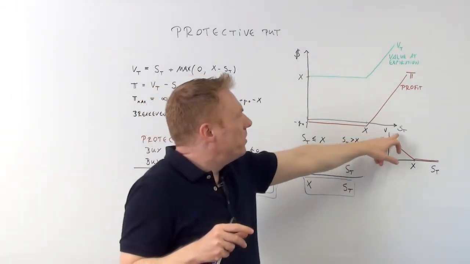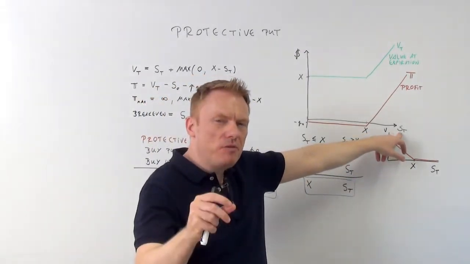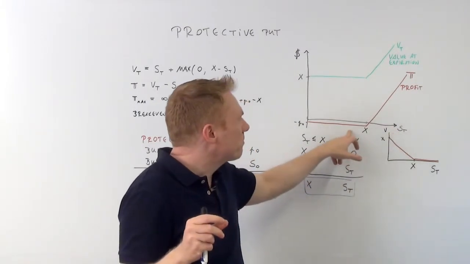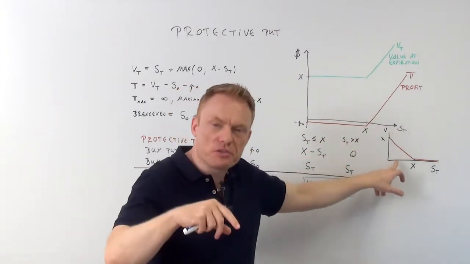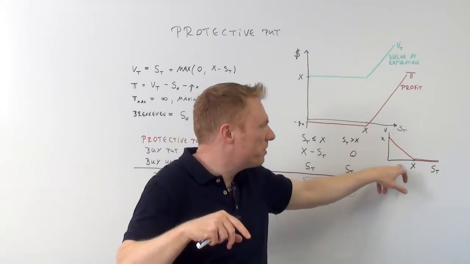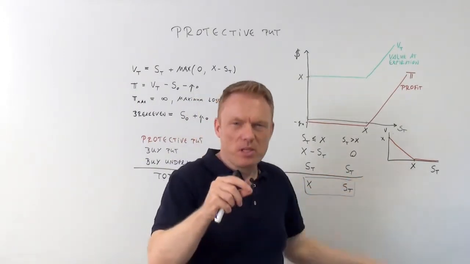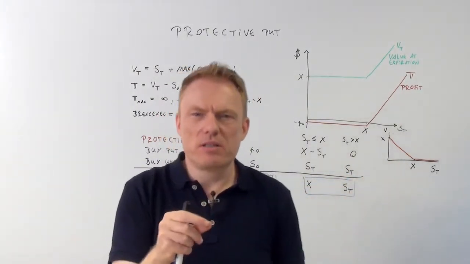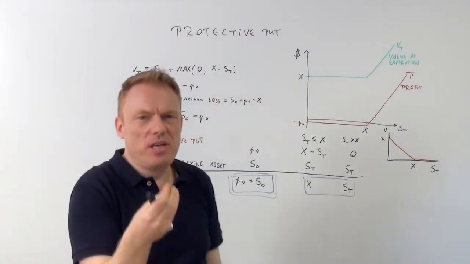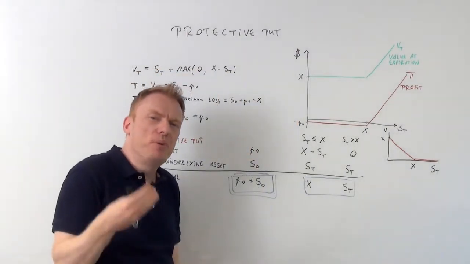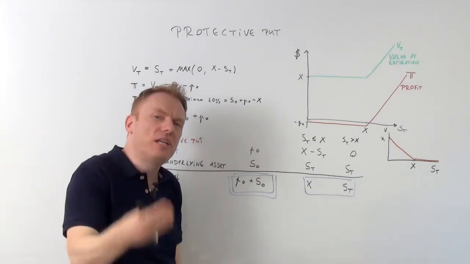If the stock price is inferior to the exercise price, then look here first, we will exercise the right that was inherent in the put, because the put gives the right to sell something.